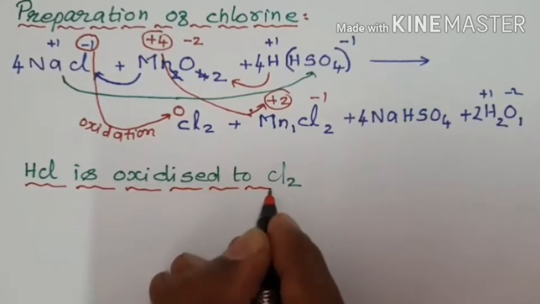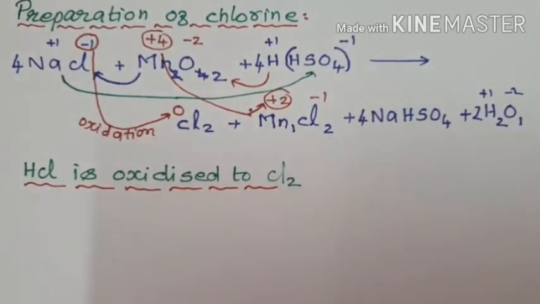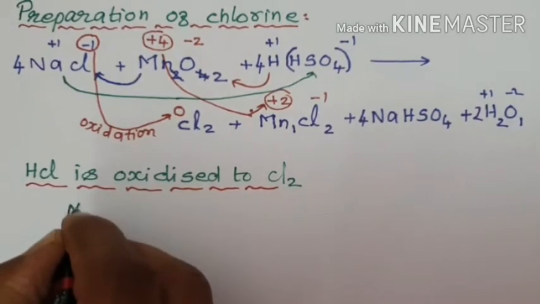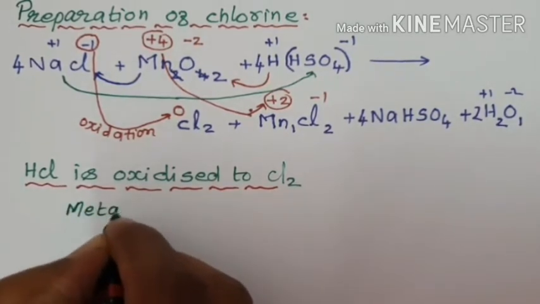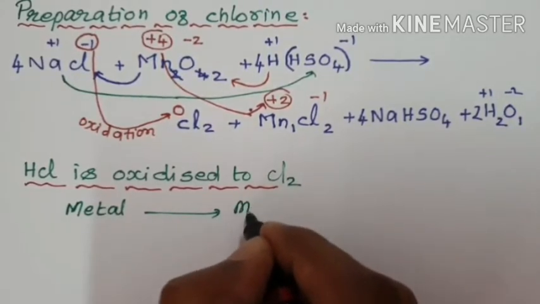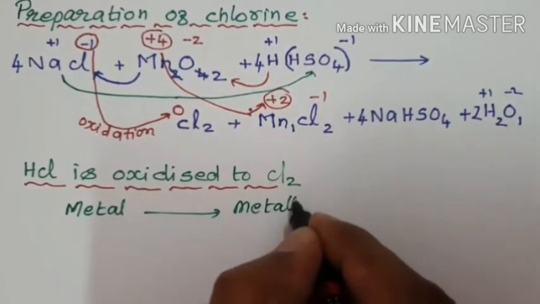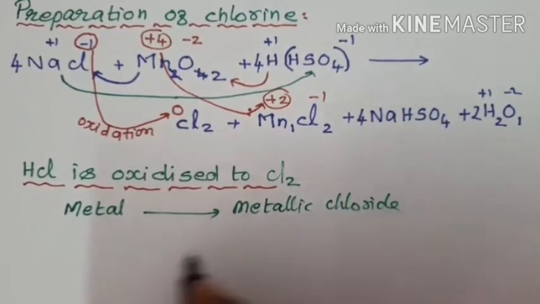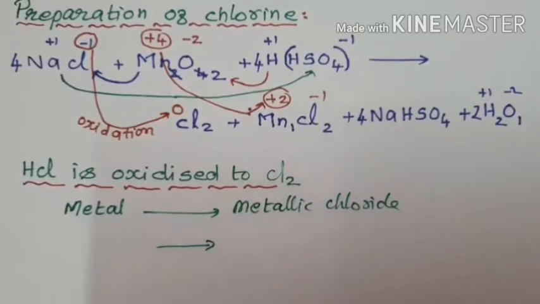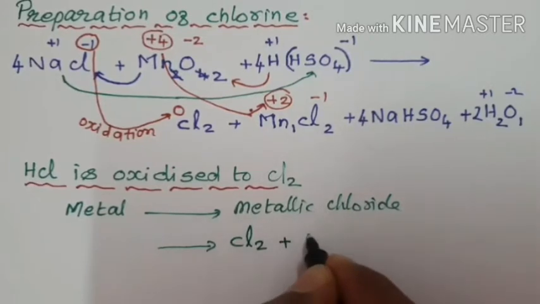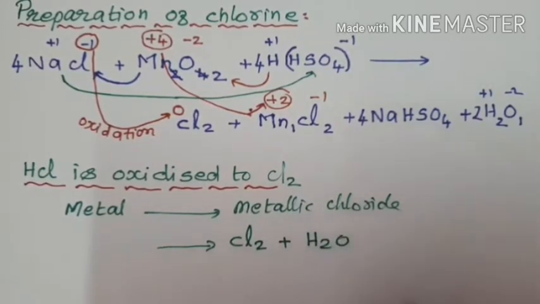So what are the other points to be remembered? In all the following reactions, the metal undergoes reduction and is converted into its metallic chloride. And the other products are Cl2 and H2O, water molecule.